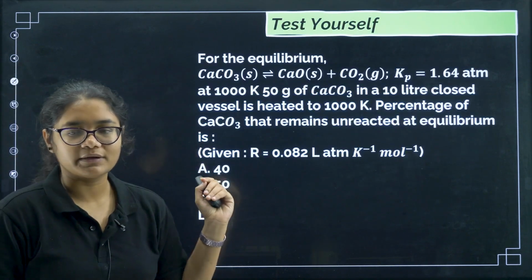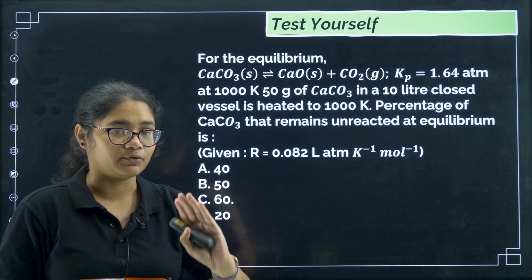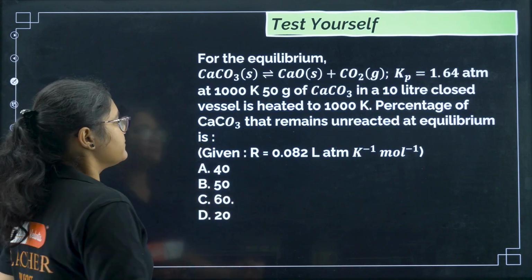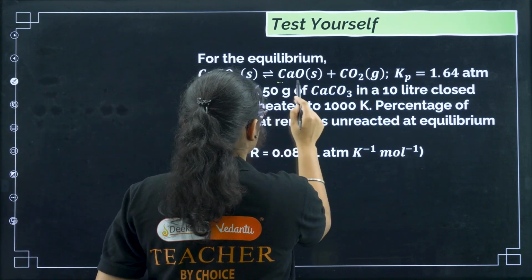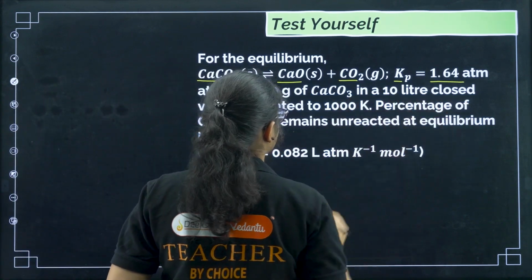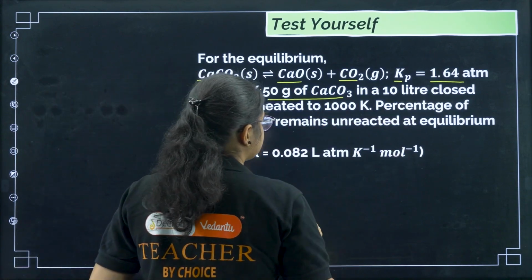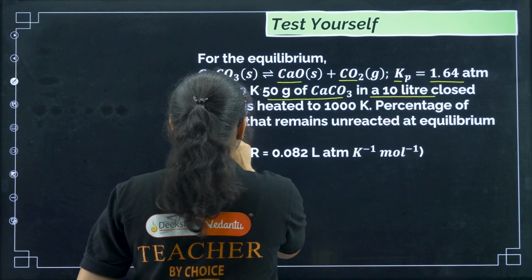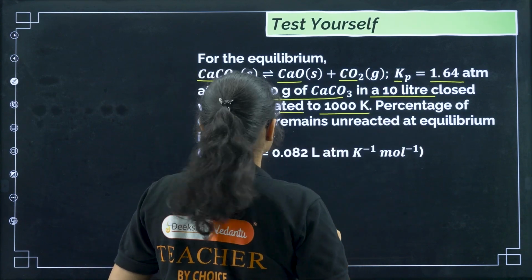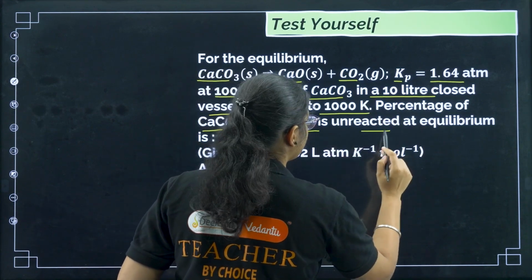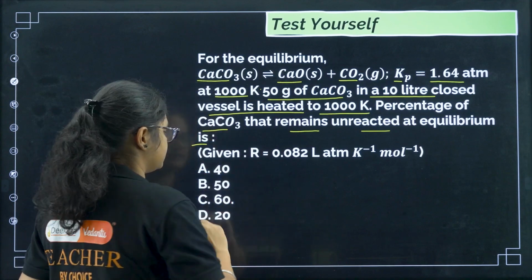So this was the homework question that I gave you in the last class, and I hope most of you have done it. Let us see. For the equilibrium CaCO3, CaO, CO2, Kp value is 1.64 atm at 1000 Kelvin. 50 gram of calcium carbonate in a 10 liter closed vessel is heated to 1000 Kelvin. The percentage of CaCO3 that remains unreacted at equilibrium is. Okay.